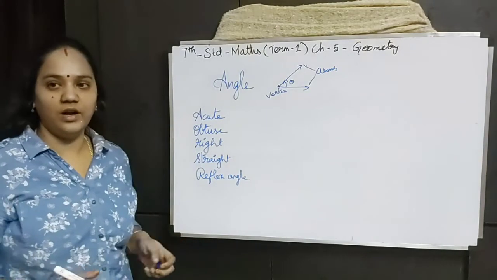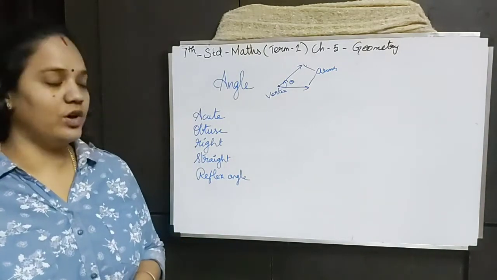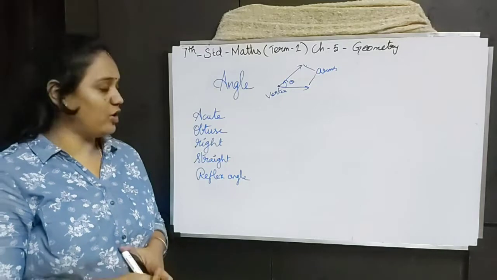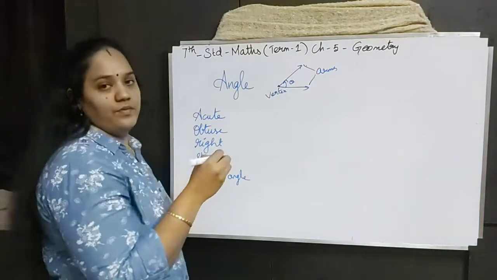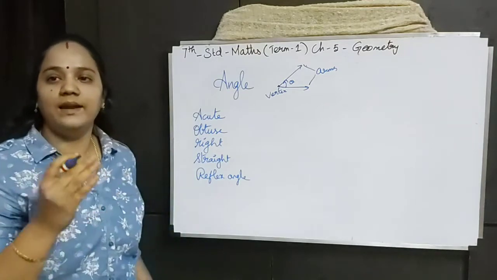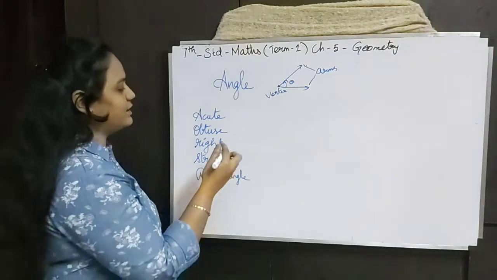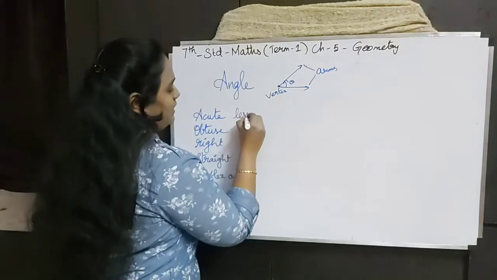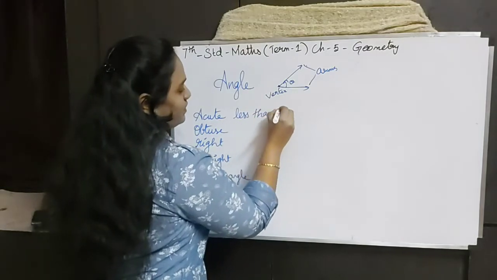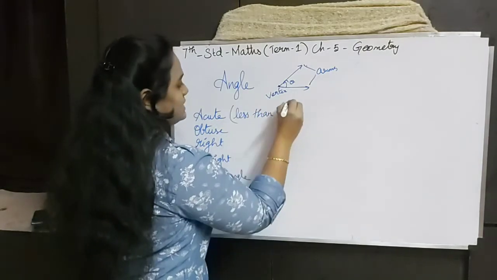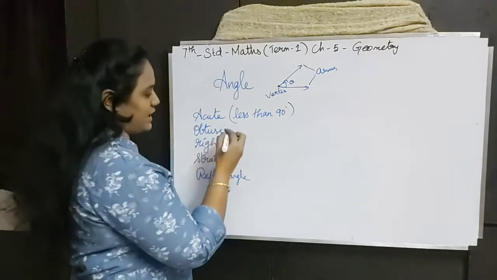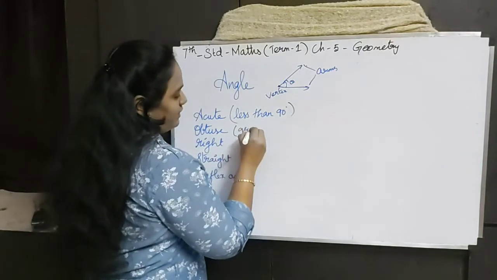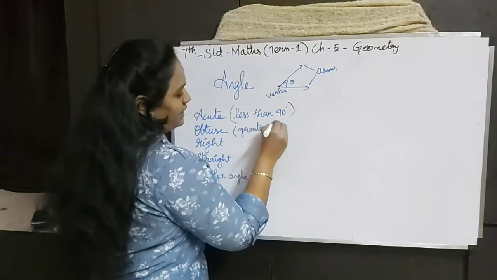Let us just recall everything. You already learned this in your 6th standard. An acute angle is an angle less than 90 degree. Obtuse angle means greater than 90 degree.